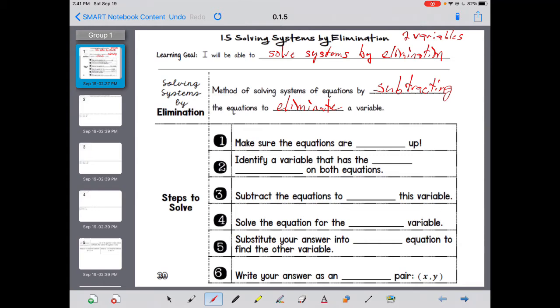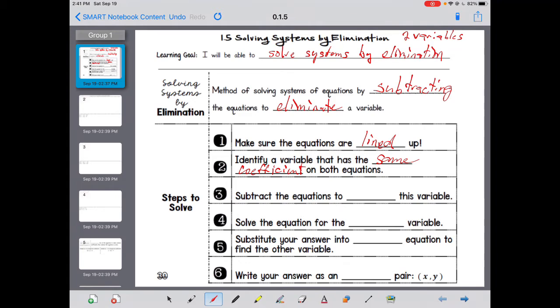So make sure that the equations are lined up. And what we mean by that is vertically, x is under the x, y is under the y, equals is under the equals, and then the number is under the number. Identify a variable that has the same coefficient on both equations.